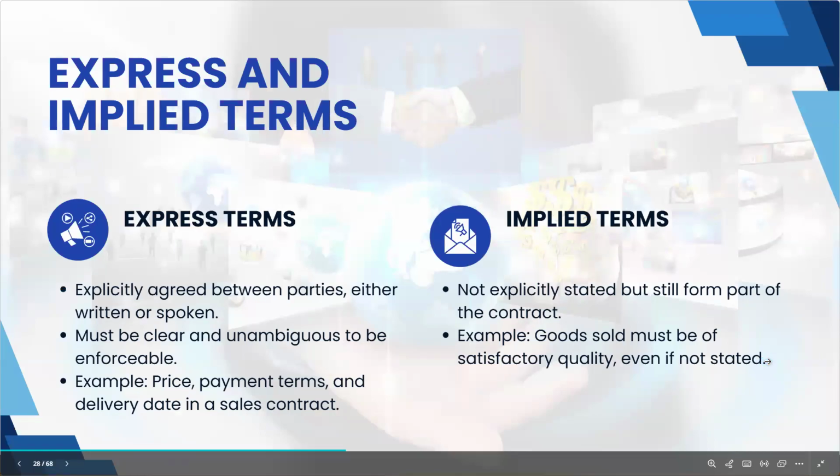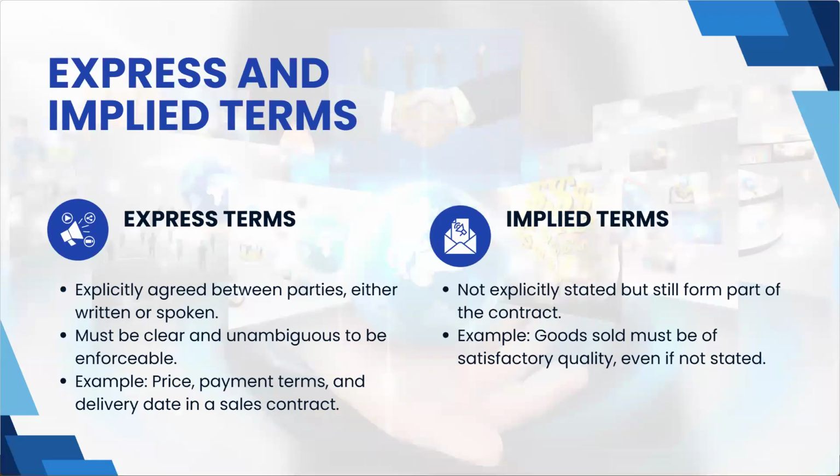Here, the express terms are the ones explicitly written down in the contract, and they must be clear and unambiguous to be enforceable. But sometimes an express term could be unenforceable or ineffective due to its conflict with certain statute or law and regulations.